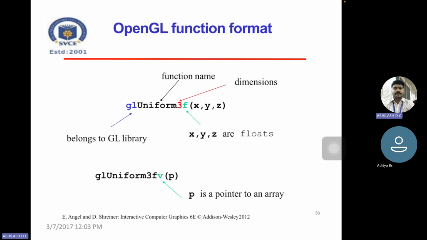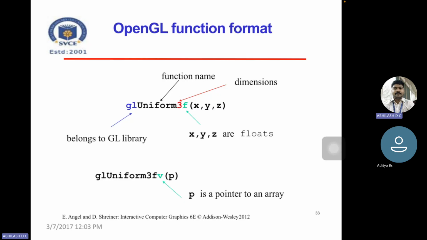So next we have, apart from GL, we also have GLU and GLUT, depending upon which library you are using. When you include GL or GLUT.h, this will automatically include the other functions.